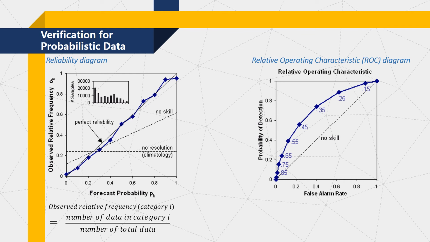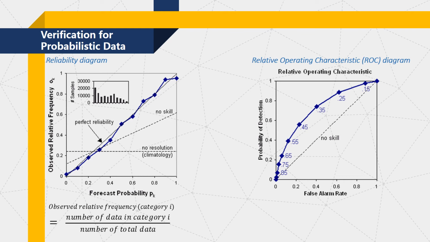The left side diagram shows a sample of reliability values which contain some bins, for example 0 to 5%, 5 to 15%, and 15 to 25%, etc. So the reliability diagram is built of some bins.